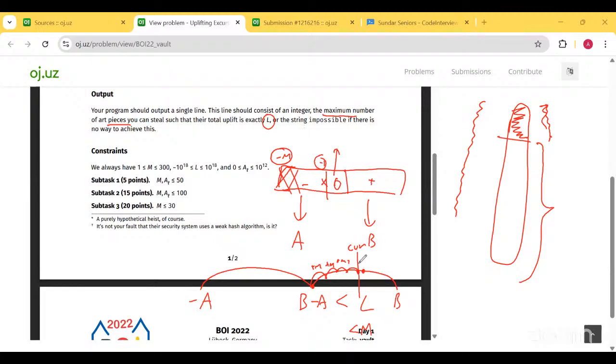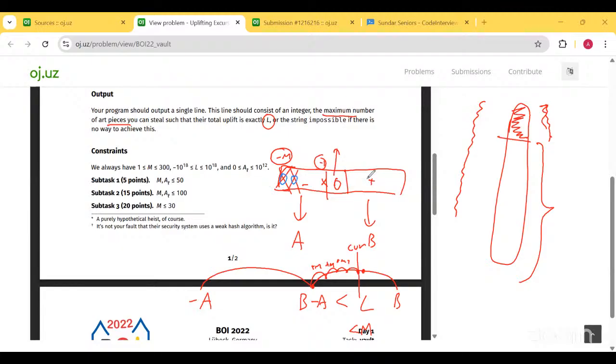Now, since the distance is small, how to make it exactly L? So sometimes we need to reuse some item that we have removed before.